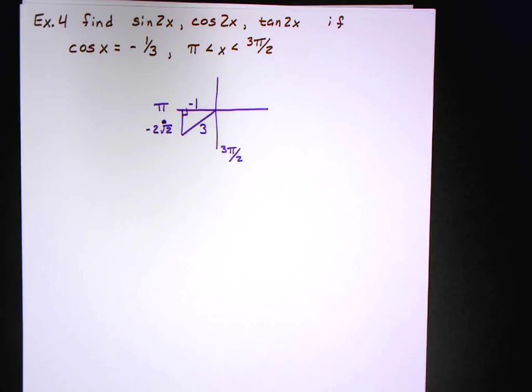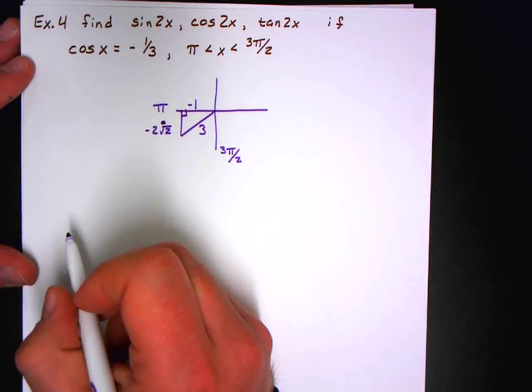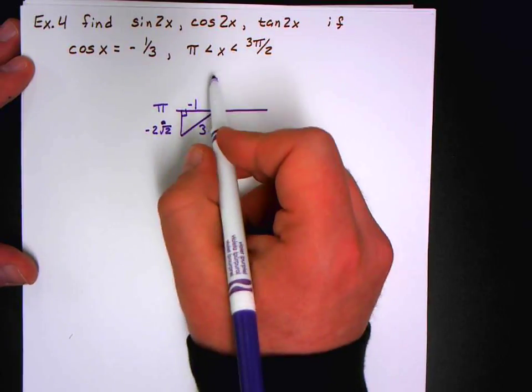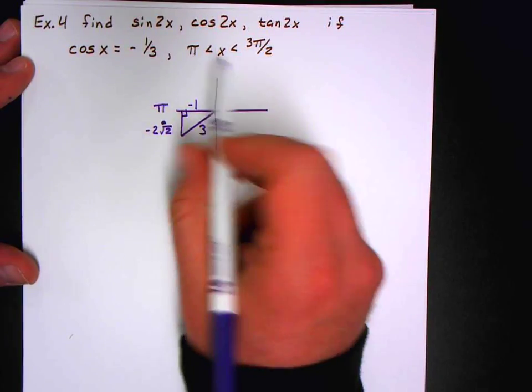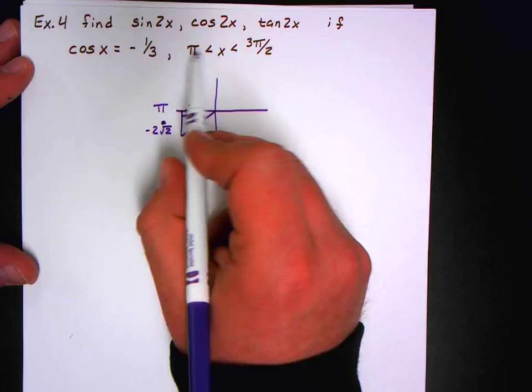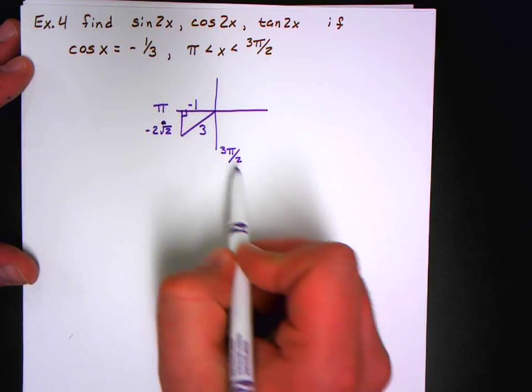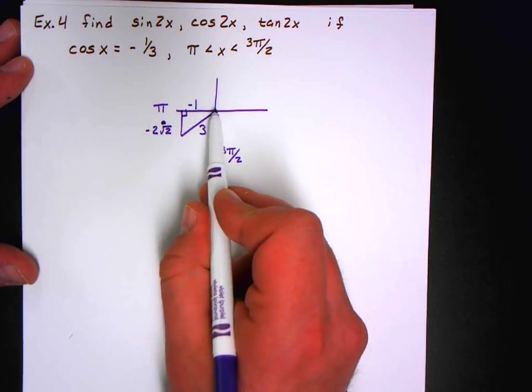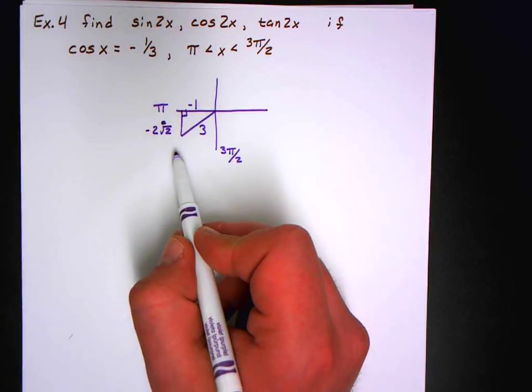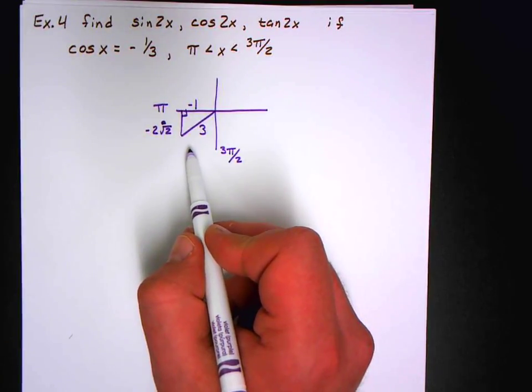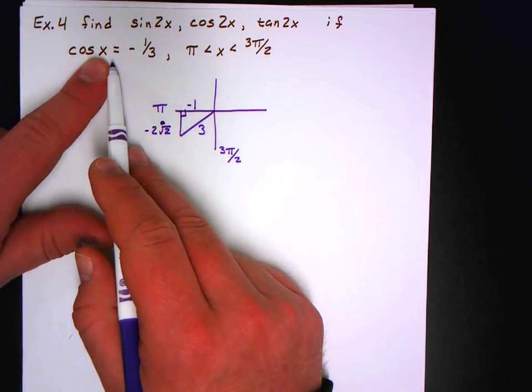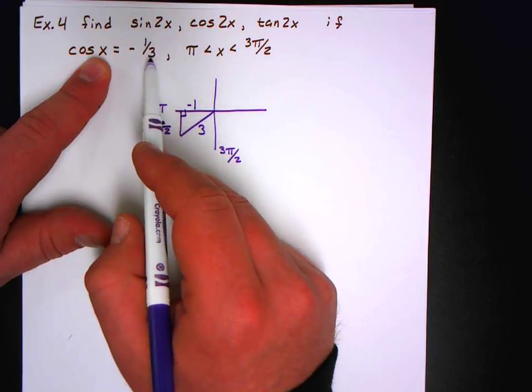But then you go through the work just the same. So I did my coordinate plane. It tells me my angle is in between pi and 3 pi over 2. So I just drew a line in there, so I made sure I was in the right spot. Cosine is the x value over the hypotenuse, or the radius.